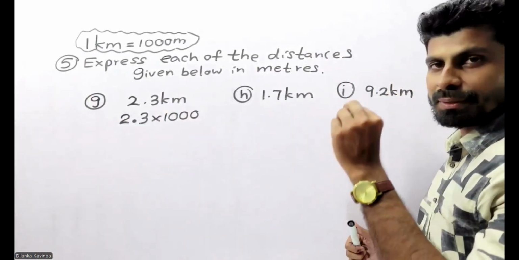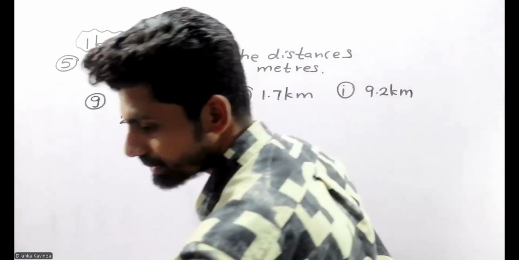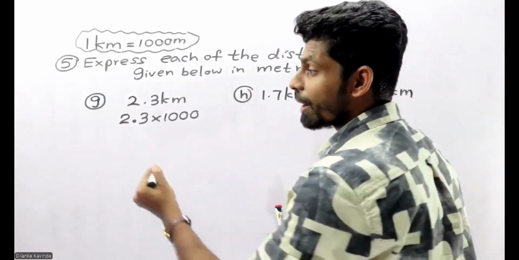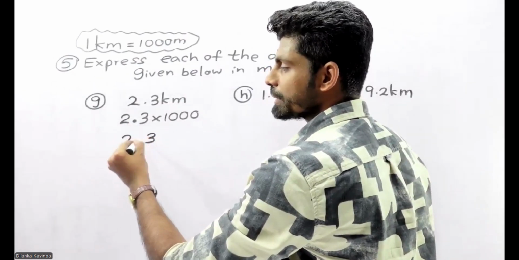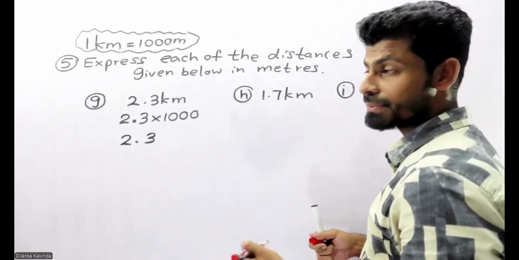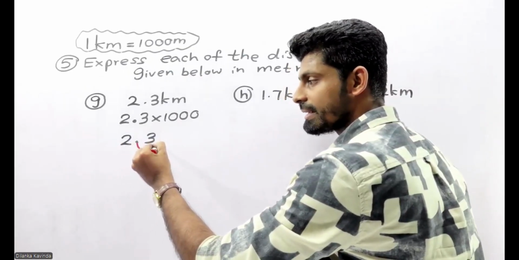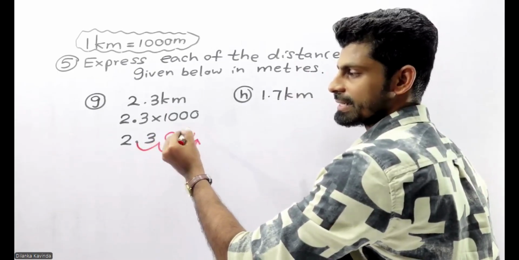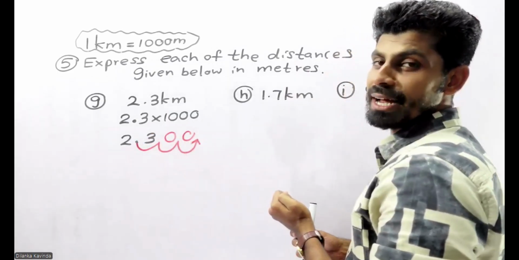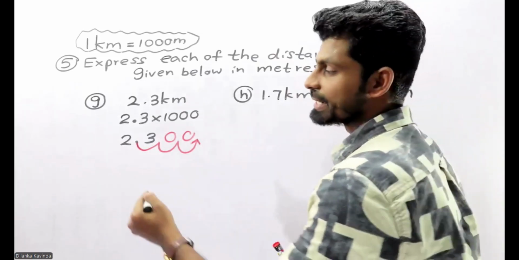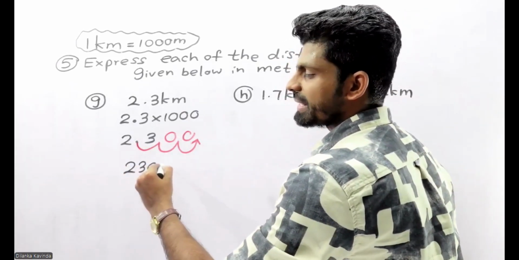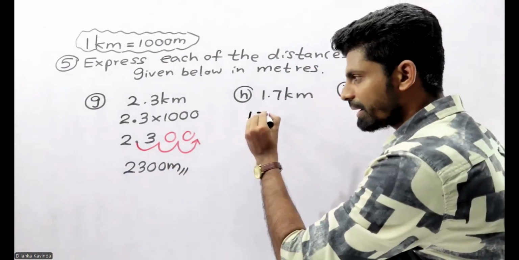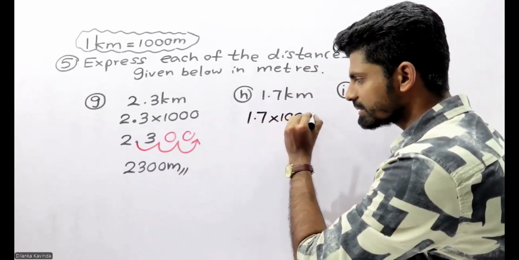Multiplying by 1,000 means how many decimal places do you need to move to the right? 1, 2, 3 decimal places. So that means 2,300 meters.